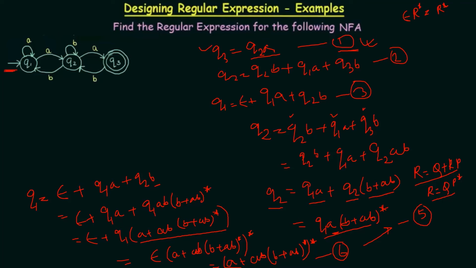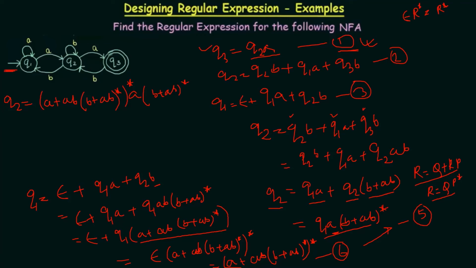So in this case, putting the value of equation 6 into equation number 5, we are going to get q2 is equal to the whole thing that we got in equation number 6 into (b + ab*)* into (ab + ab)*.